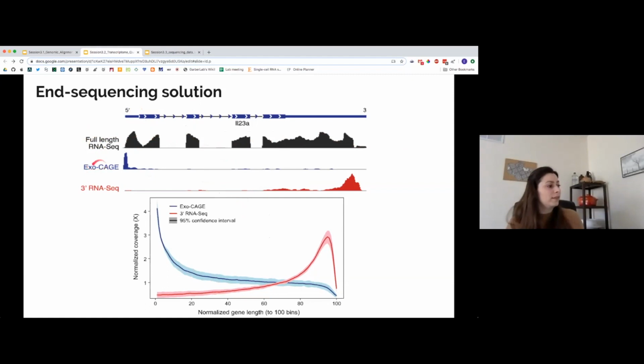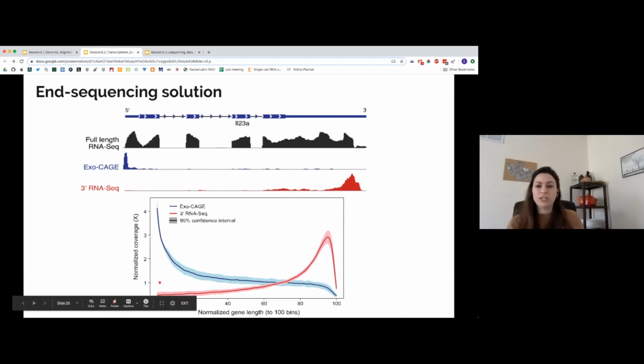But with 5' bias data and 3' bias data, here I'm showing you for a single gene, IL-23A, you would have only a pile of reads in the very 5' region or in the 3' UTR of that gene. And this is what it would look like across all genes in your sample.